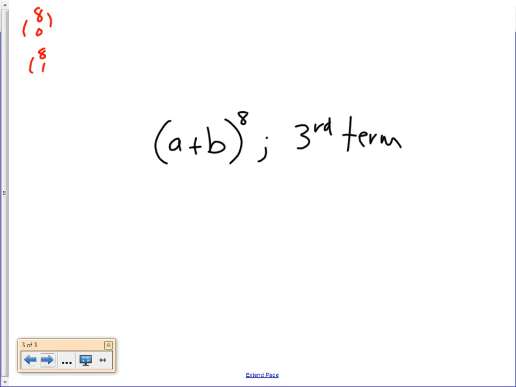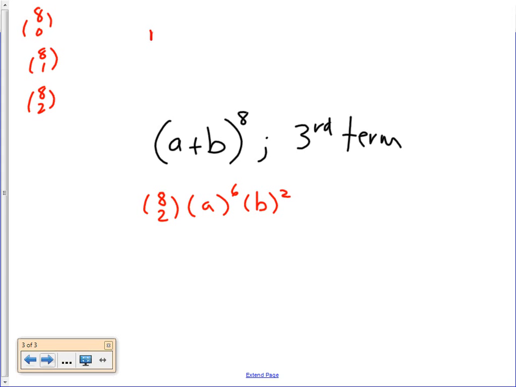The second term is 8, 1. The third term is 8, 2. 1, 2, 3. So when it says third term, I come over here and I go 8, 2. Anybody? A to the 6th, B to the 2nd.